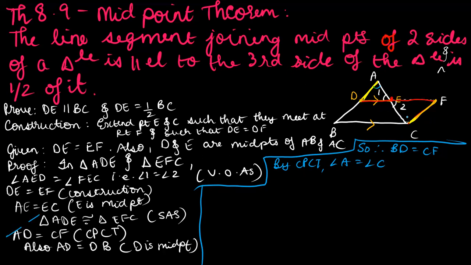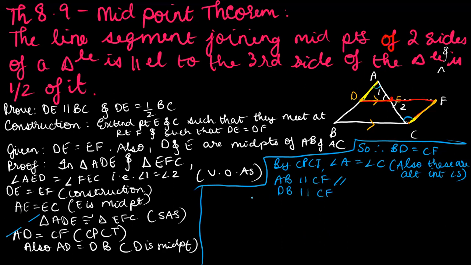And these are alternate interior angles. So now can I say that AB is parallel to CF? Since angle A and angle C are alternate interior angles, AB is parallel to CF. And DB is also parallel to CF, since DB is part of AB.